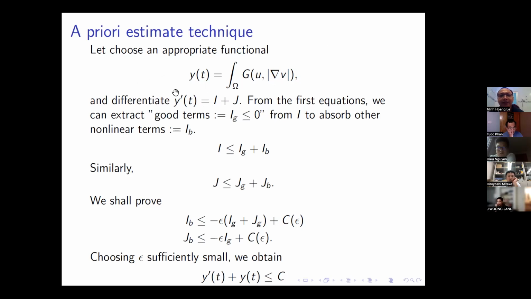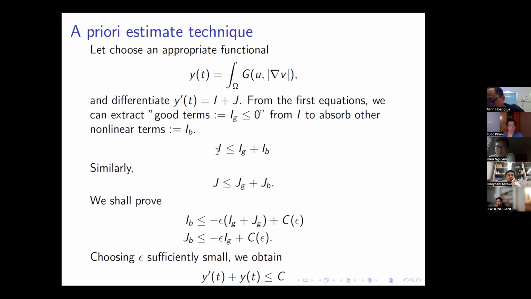The idea is to find a function G so that we can satisfy the following property. If we differentiate y, we have two terms, I and J. I comes from the first equation and J comes from the second equation. The second equation is easier because it's just a linear equation. The first equation contains a nonlinear term.